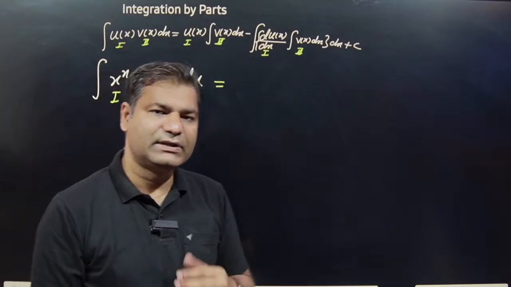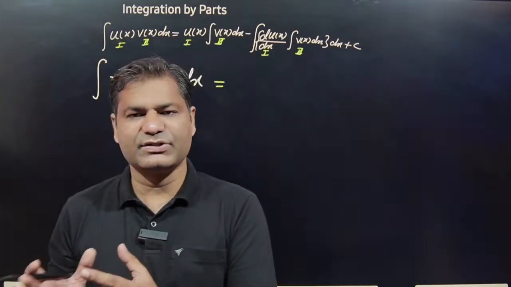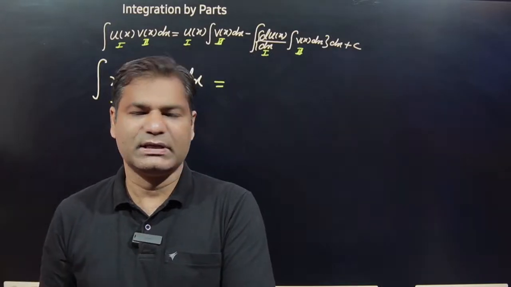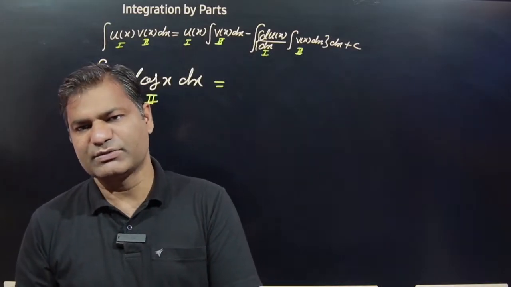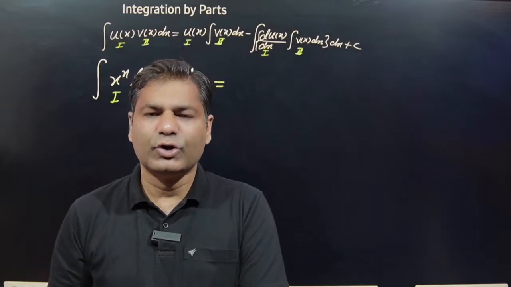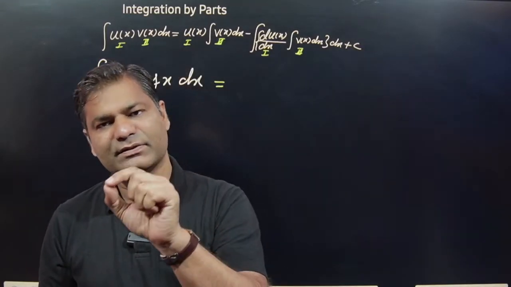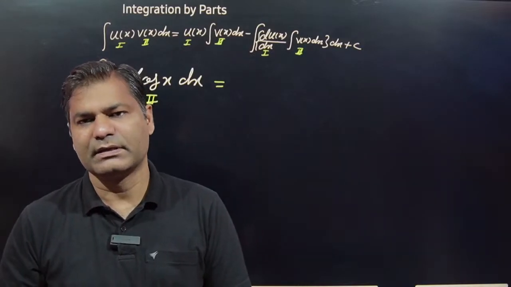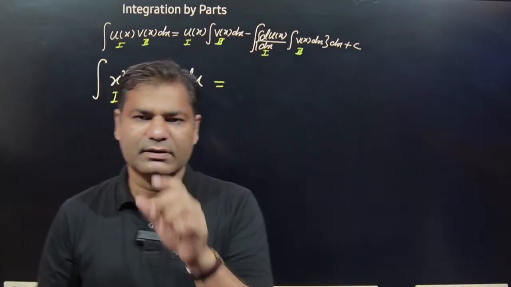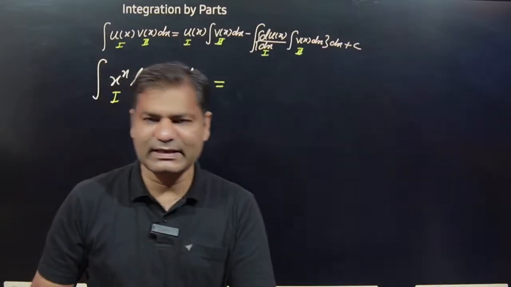But I know that the integration of x to power n is how much? X to power n plus 1 upon n plus 1 plus c. But the integration of log x, I don't know. So that's why log x is taken as the first function. Clear or not? So log x is taken as the first function and x to power n as the second function.